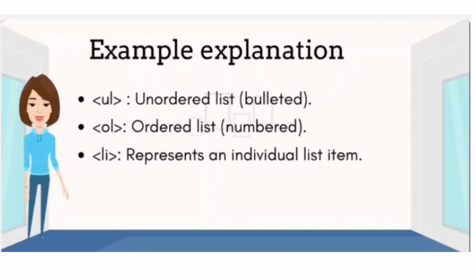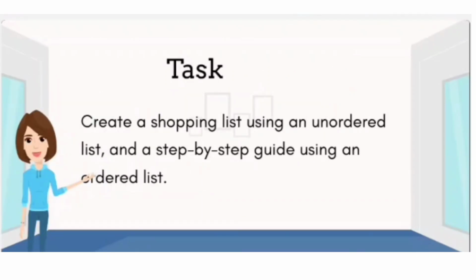Unordered list items will be marked with bullets, small black circles by default. Ordered list items will be marked with numbers by default. LI represents an individual list item. Create a shopping list using an unordered list, and a step-by-step guide using an ordered list.